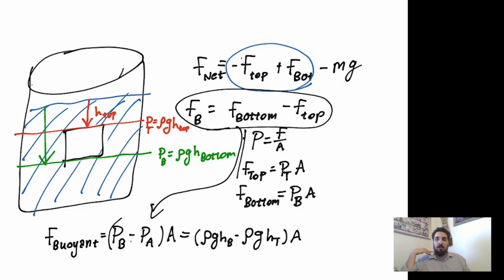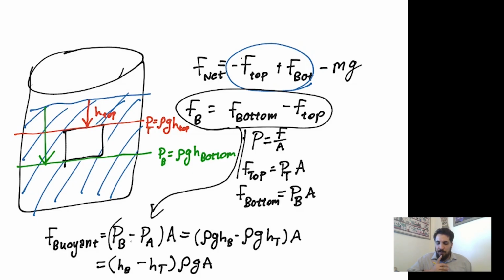We're considering here an incompressible fluid, although, again, it does work with compressible fluids, but density does not change. Acceleration due to gravity, that's always 9.8. So instead, we can write this as h bottom minus h top times rho g area. And where does this lead us?